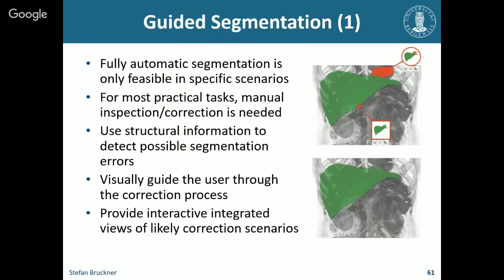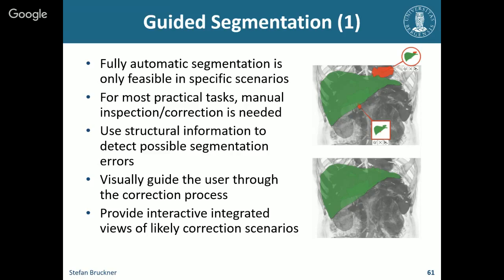Now, these integrated views are very useful, and that's why I want to show, as a last example, another application of such integrated views, and this is in the context of segmentation, because often we need to segment structures, but fully automatic segmentation is quite difficult in biomedical data.